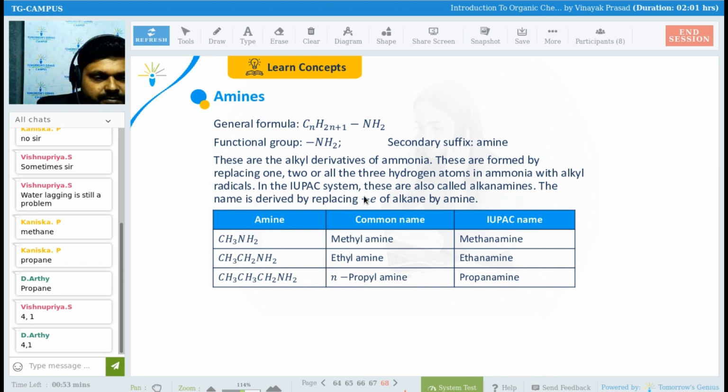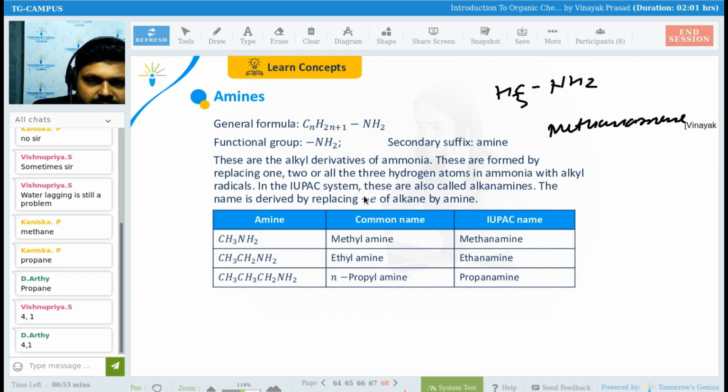Now we are going to see about the amines, right? Amines. So CH3 and what will be there? NH2 is there, right? So it will be called amines. Here one carbon is there, so it is methanamine.